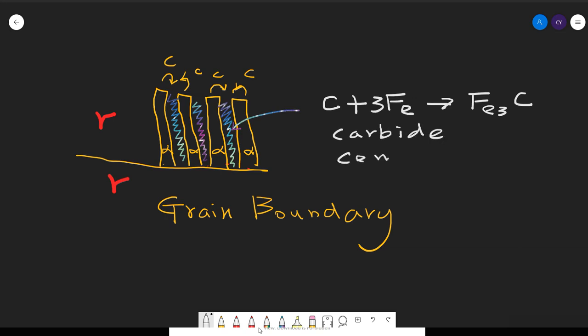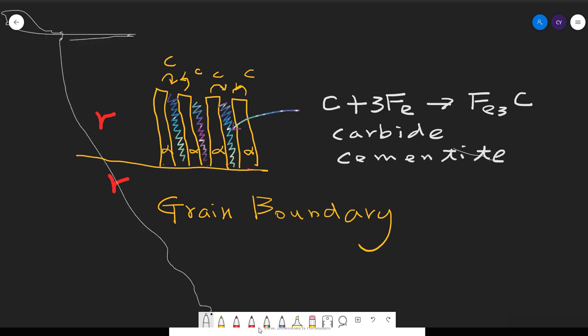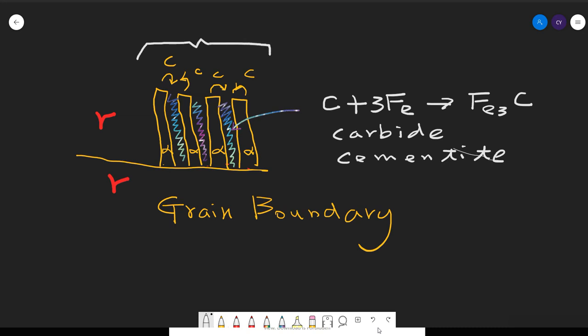Also we say pearlite. So that means the full structure here is ferrite combined with cementite.